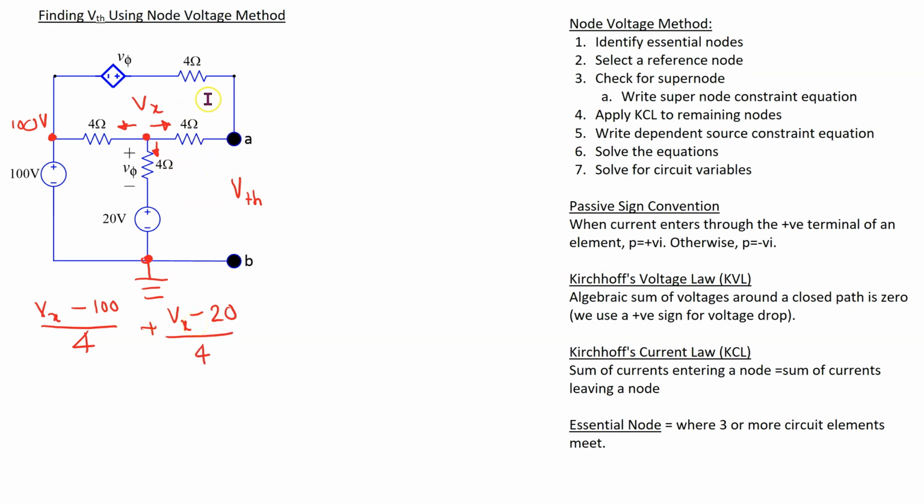Along this branch, we can see that there are two 4 ohm resistors in series, and voltage at this end of the resistor is 100 plus Vφ.